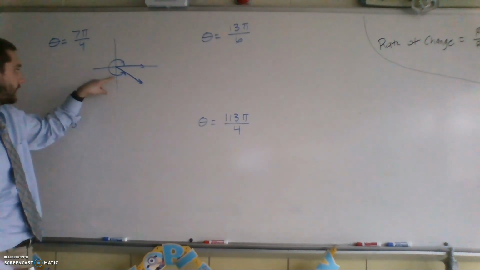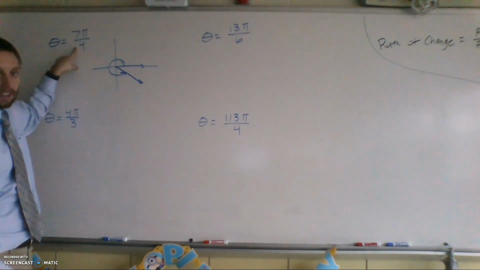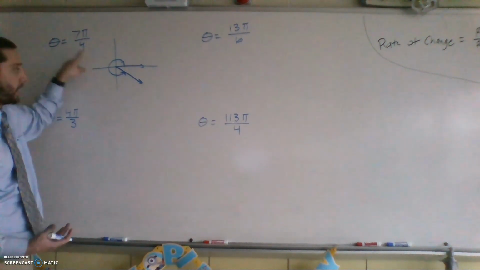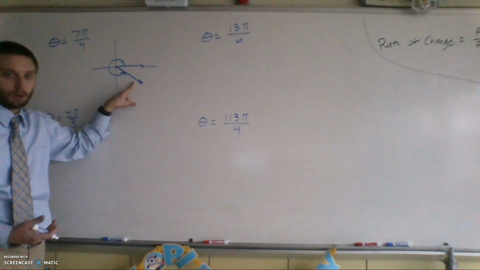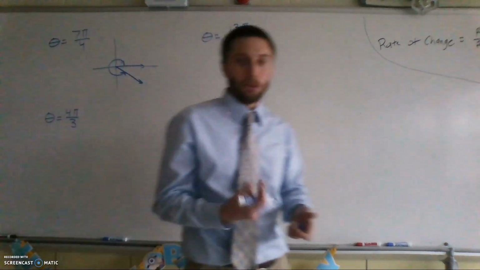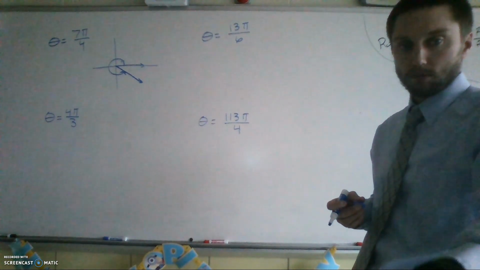Okay? Pretty soon we're going to be going backwards also. So you have to tell me which way that arc is opening up. And then, based on the fact that 7 pi over 4 is less than 2 pi, but more than 3.5 pi, I know that I'm going to be here in the fourth quadrant. Okay? So that's what we're looking for. So go ahead and pause, see if you can draw these angles.